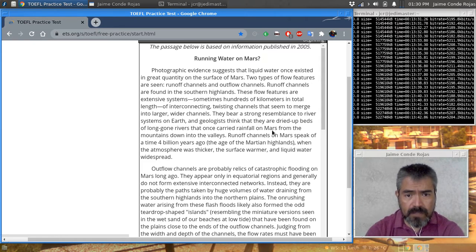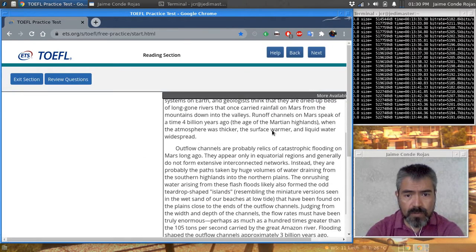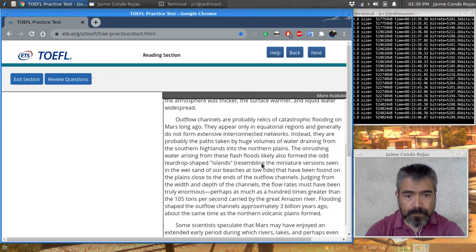If in this text maybe you don't know the meaning of highlands, don't worry, try to get the idea from the context. And sometimes if you know a word, that word could have another meaning.